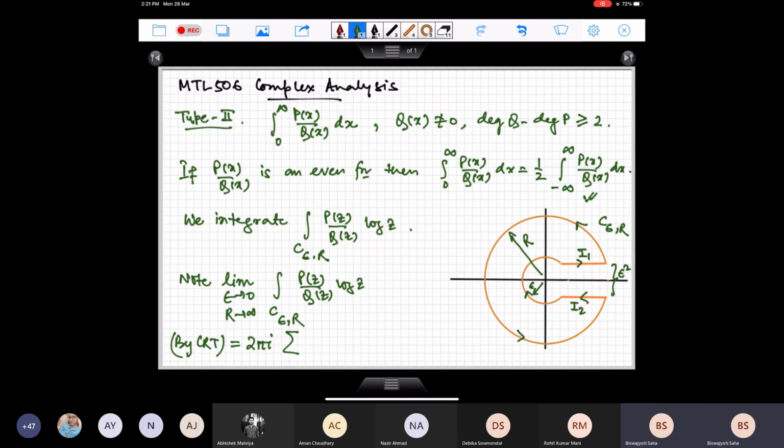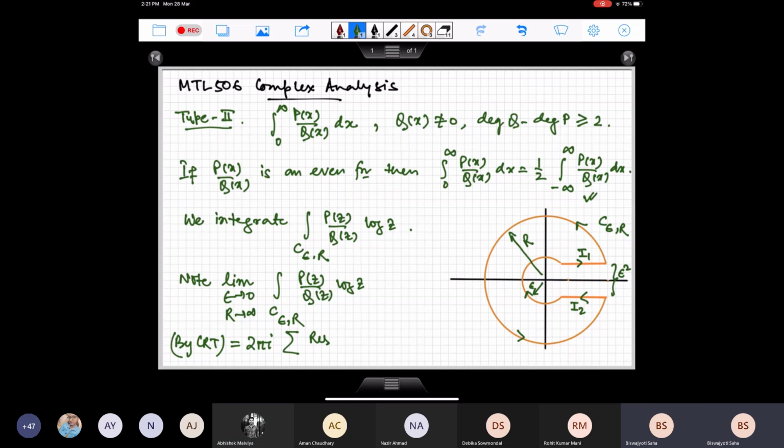So residue of what function, and where all the residues should I take? Tell me, what do I get here? Residue of, what do you think? Try to imagine that I am enlarging my R and making my epsilon smaller and smaller. So then what do I get? What kind of points will be the residues?